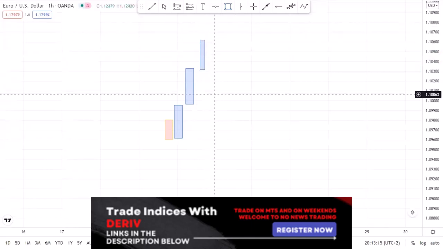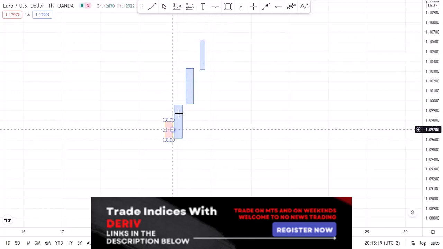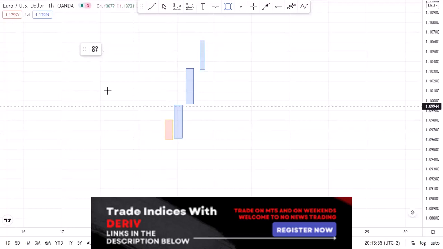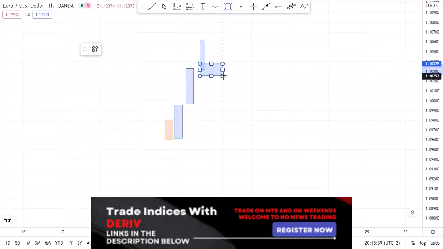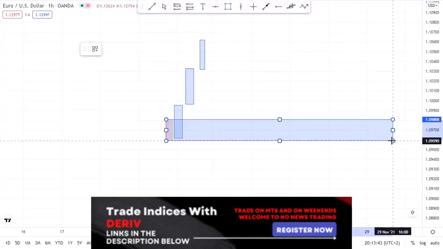Whenever you see a blue move like this, from here up to here, it originated from this candle. But now we are looking at this one, the candle that formed before the move, before the bullish or aggressive move you see here. So this move originated from this down candle, right?